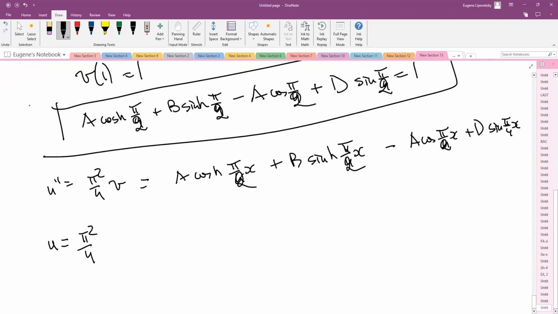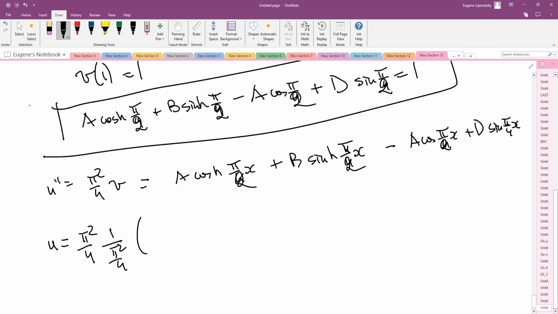Pi square over 4 times v, and the double integral of v will be, again, when we differentiate, we multiply by pi over 2 twice. This one we divide, meaning 1 over pi square over 4.